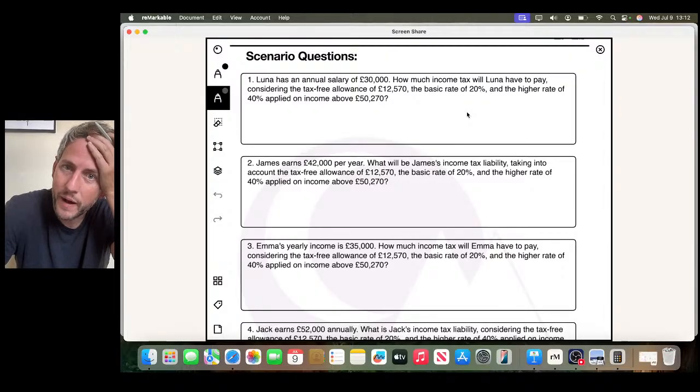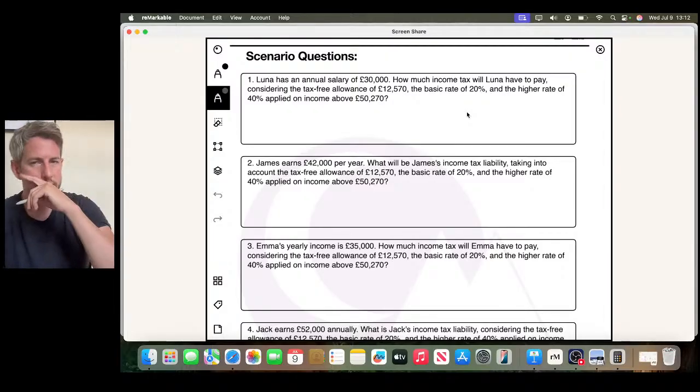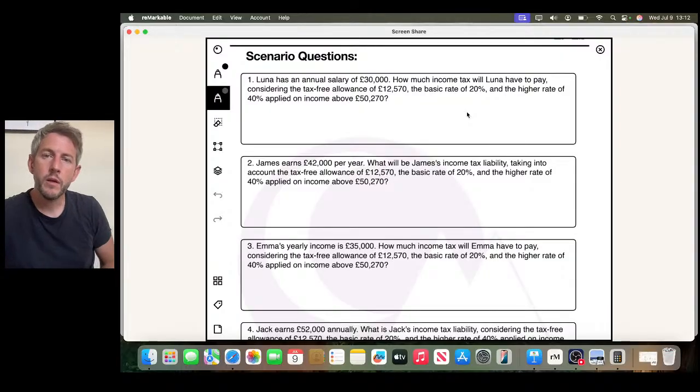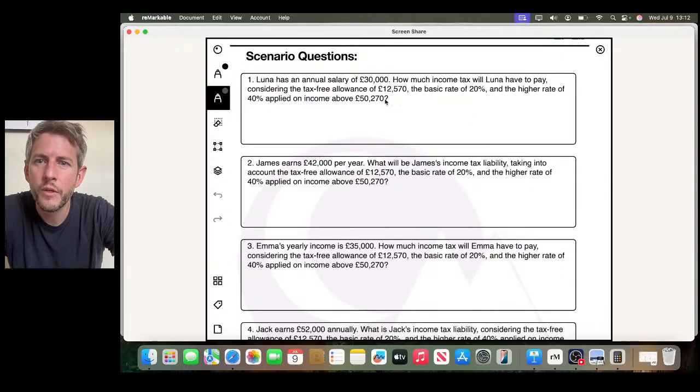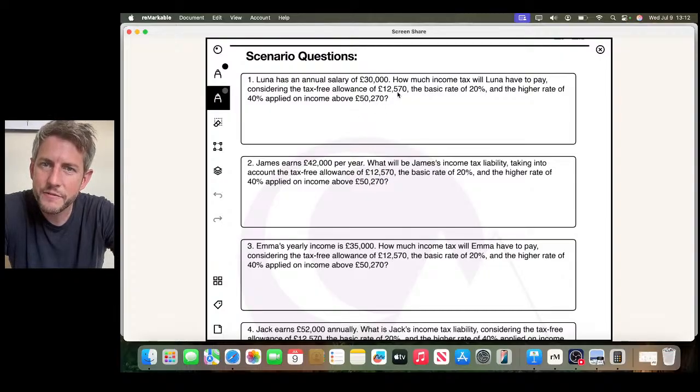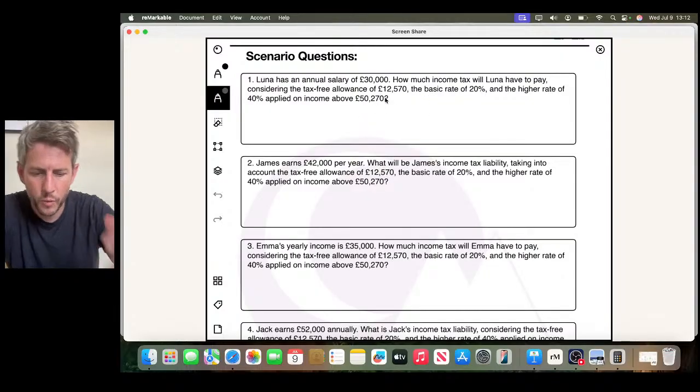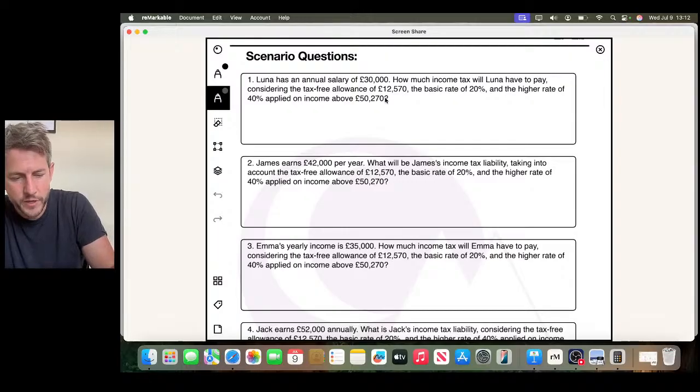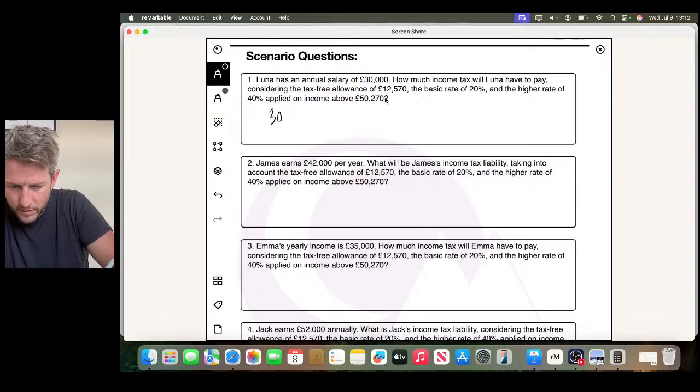Okay, right, what we've got to think about is what is she paying on what? We don't have to worry about the higher rate because she only earns 30,000. So we just have to think about the tax-free allowance. So we'll do 30,000 take away the tax-free allowance.